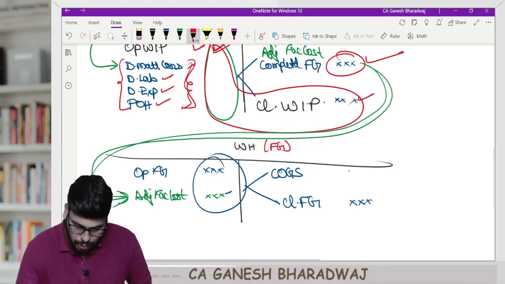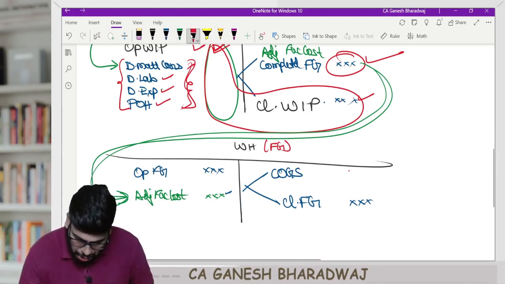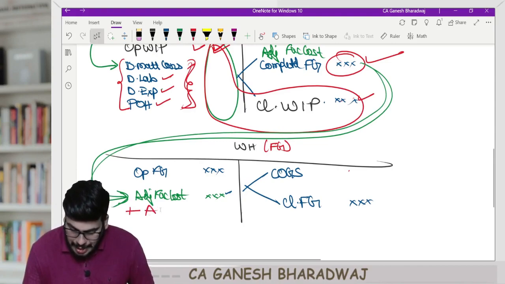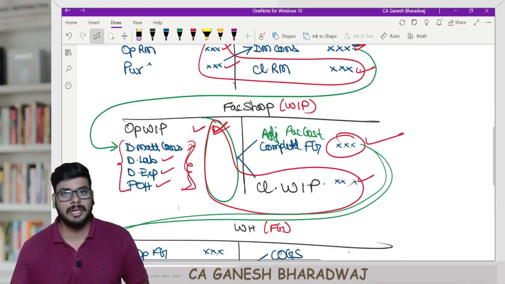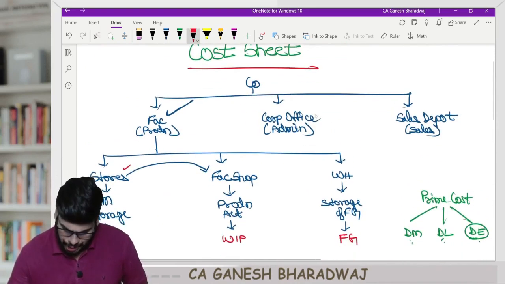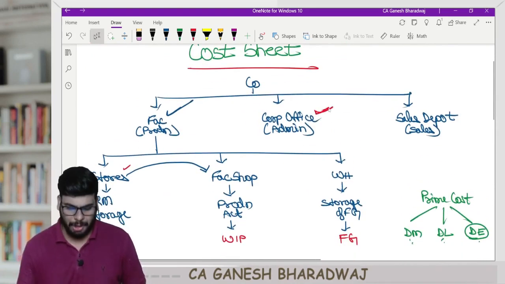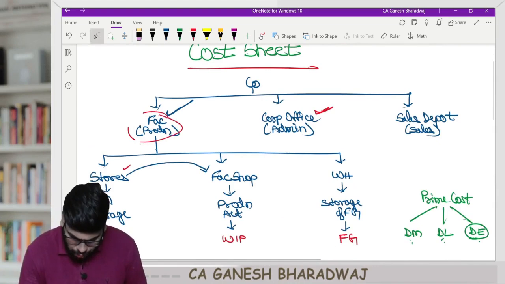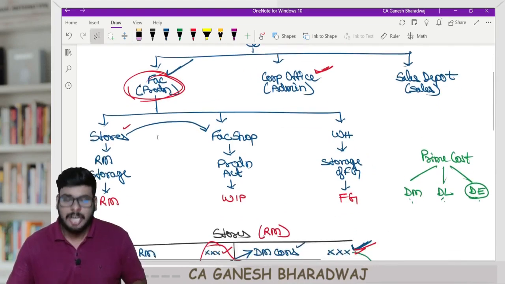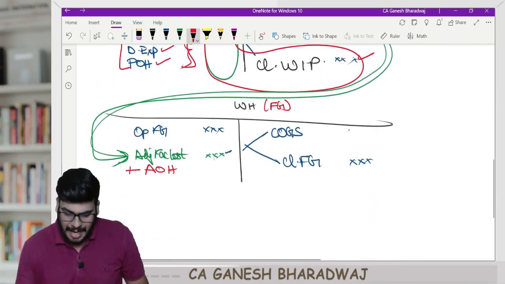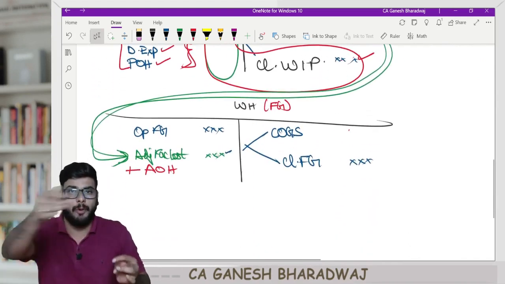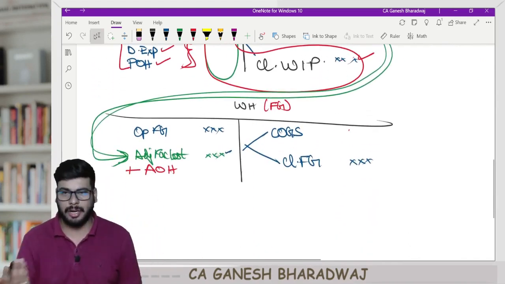Over and above this, they are adding administration overheads. Sir, administration overheads are not incurred inside the factory, no. Administration overheads are incurred only in the corporate office. We are talking exclusively about places inside the factory. Sir, why are administration overheads being considered here? You are right.